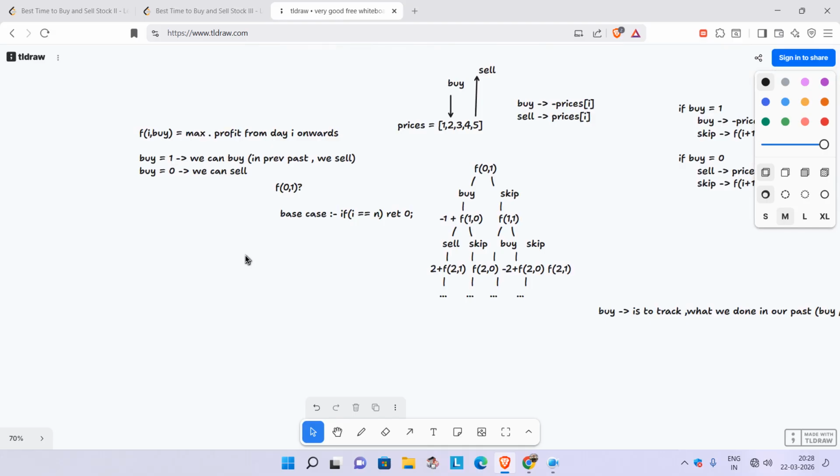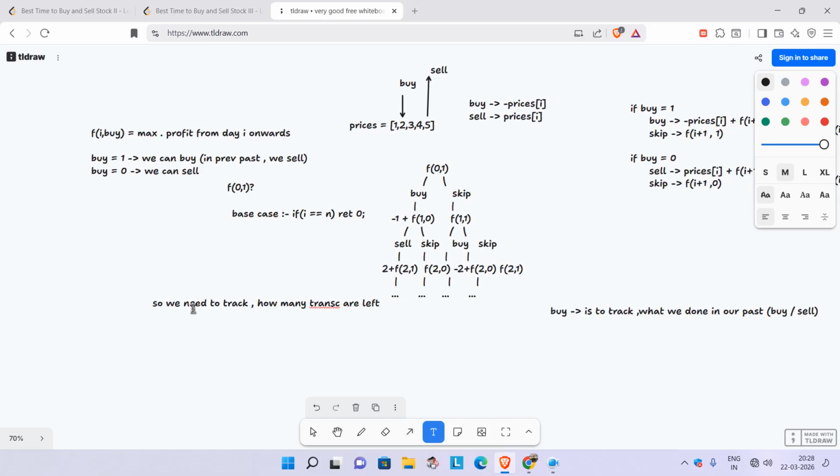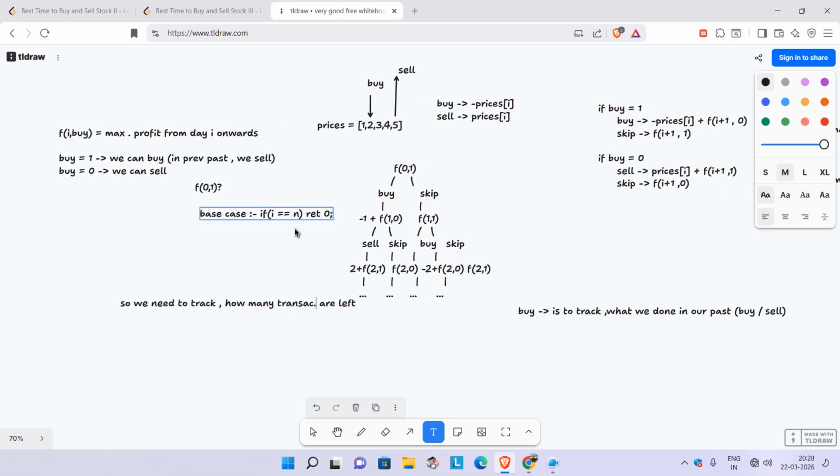But now there is one extra term: we need to track how many transactions are left. This also plays a crucial role, so we need to include it in our state.